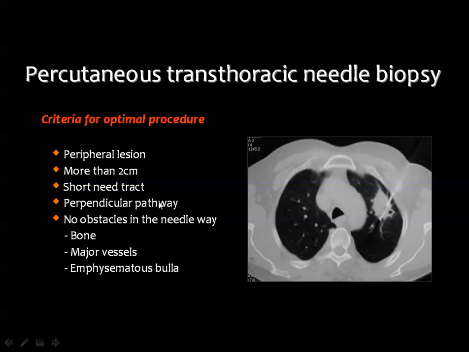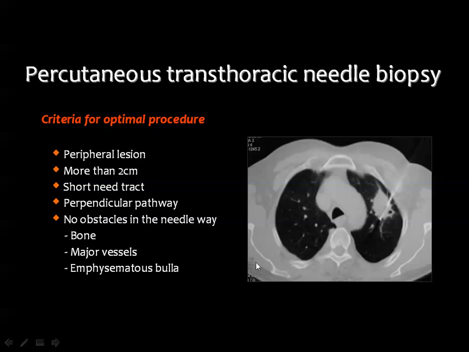Then you select one of the suitable needles, and I recommend for the lesions which are in close proximity to the chest wall a gauge of 16, and for those deeply situated in the lung a gauge of 19 or 18, in order to have a good core which can be evaluated by the lab.